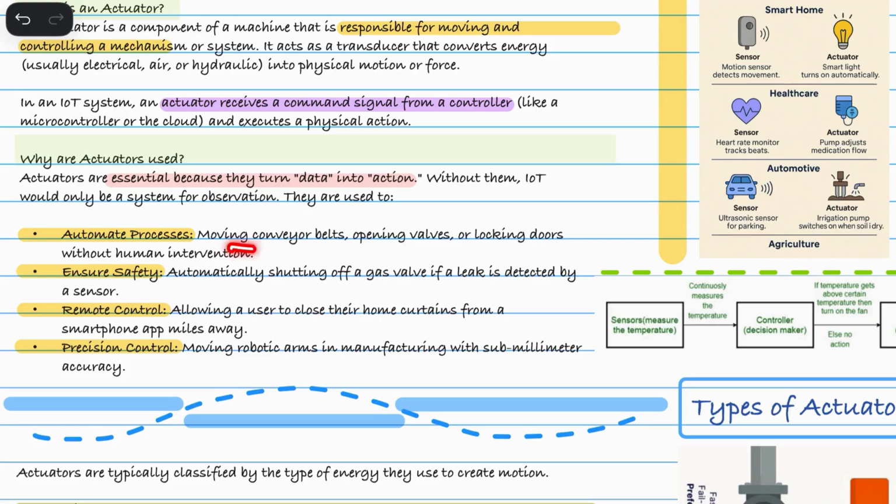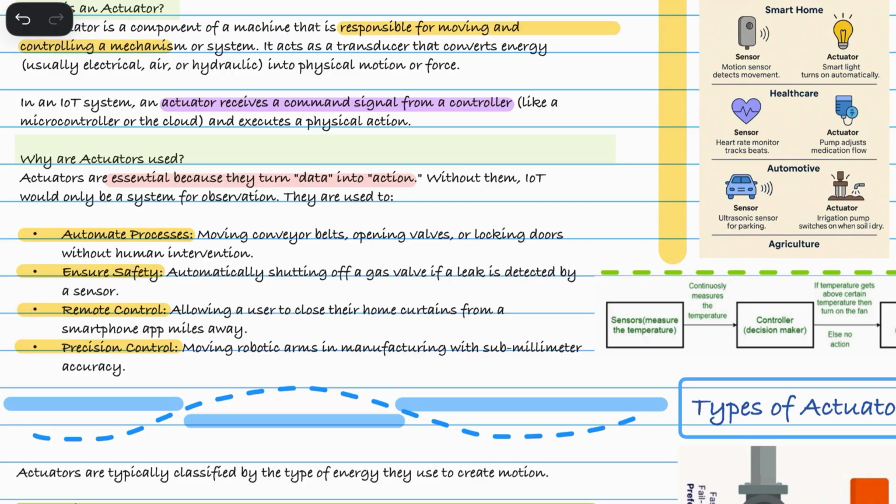So they are doing things automatically without human intervention. And there is safety. If a chemical sensor detects a toxic gas leak, a solenoid actuator can instantly drop a shutter to isolate the room. So it provides a safer environment to work in, without a human constantly checking if there is a gas leak or not.